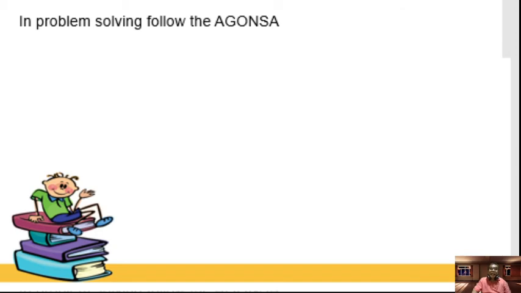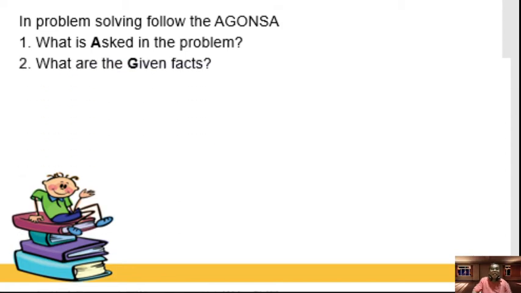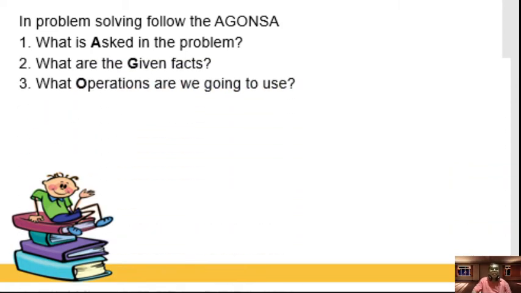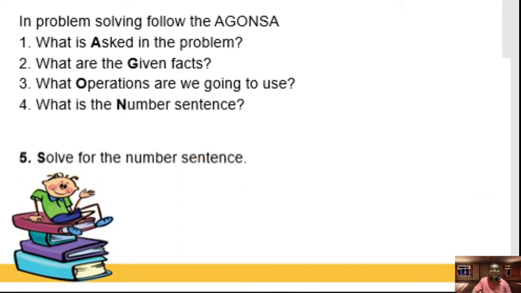Okay? In problem solving, you can follow the AGONSA. And what is AGONSA? So, what is asked in the problem? What are the given facts? What operation are we going to use? What is the number sentence?